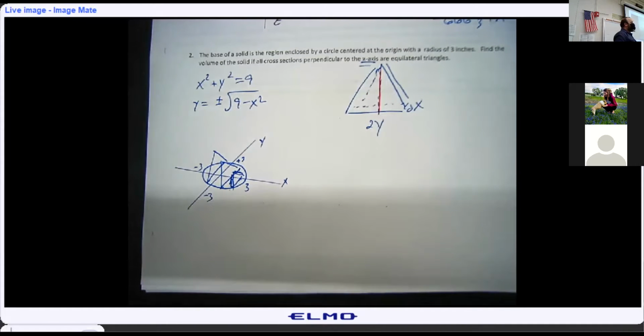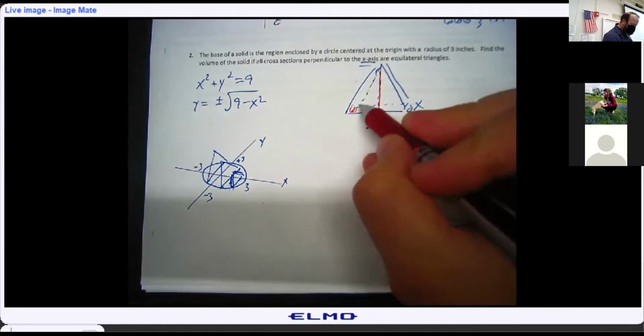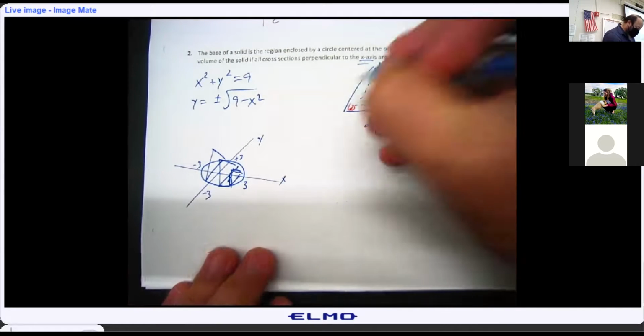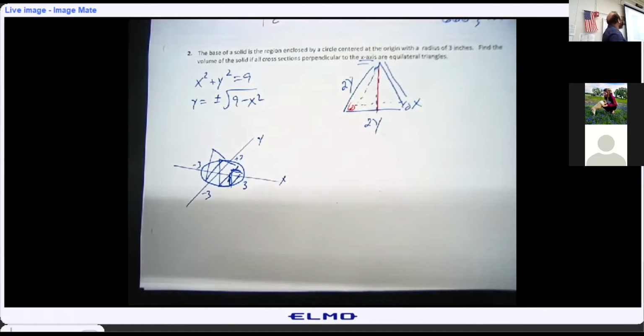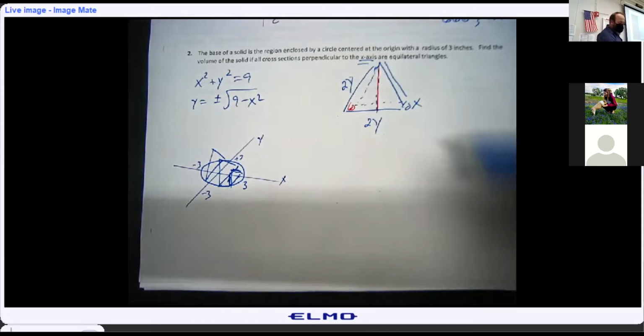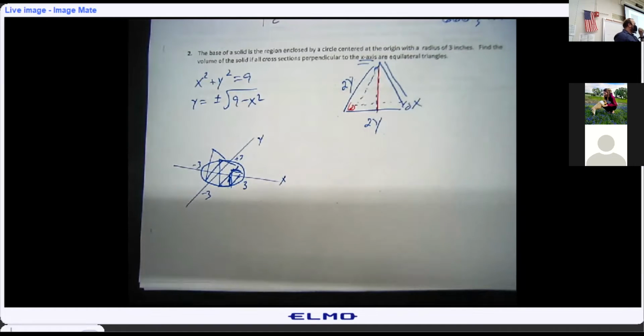So this is a special right triangle, isn't it? And if it is a special right triangle, then this is 60 degrees. This is also 2y up here, isn't it? So how can I figure out the actual height of that triangle? See if you guys can remember your special right triangles from analysis and math 2.